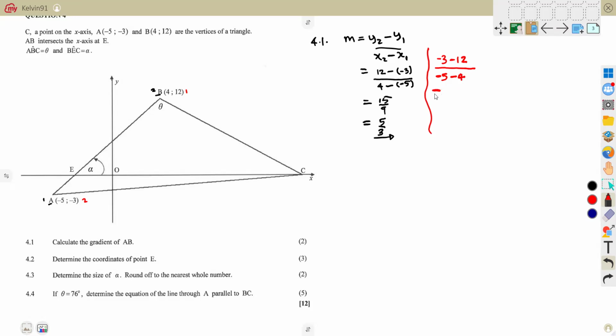So this was going to be equal to minus 15 over minus 9. The answer is still going to be 5 over 3.